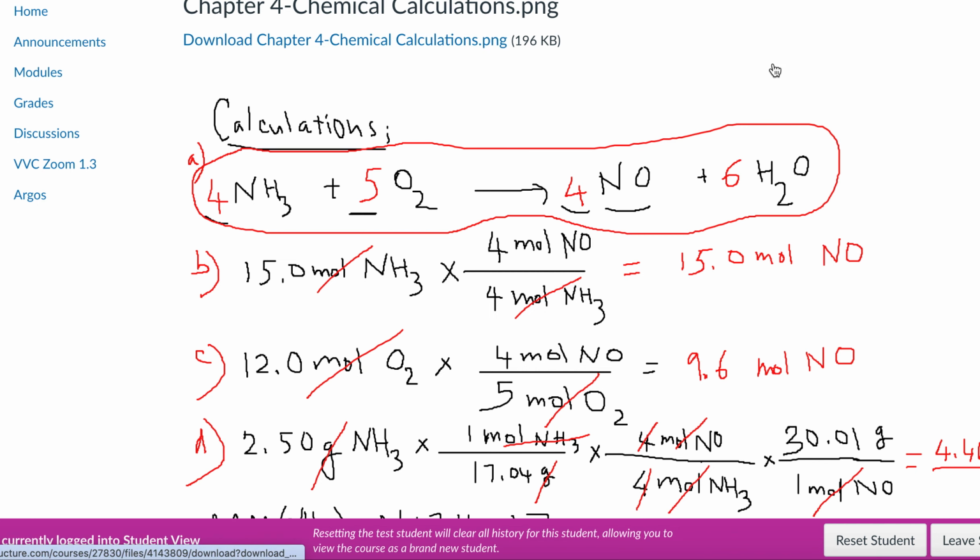We got ammonia reacts with oxygens to give us 4 NO plus 6 water.